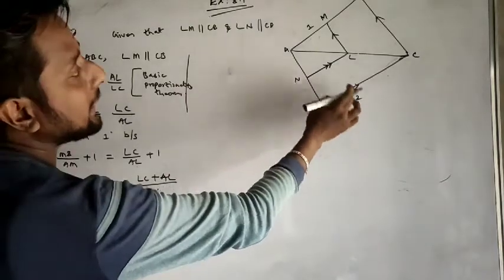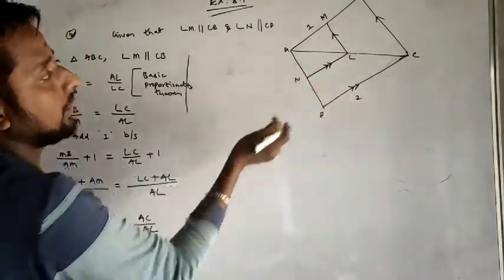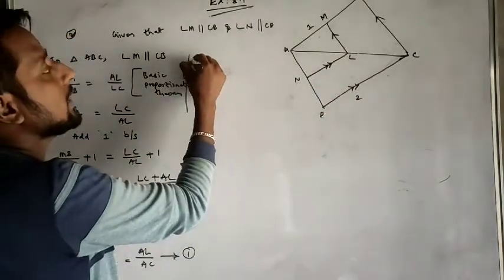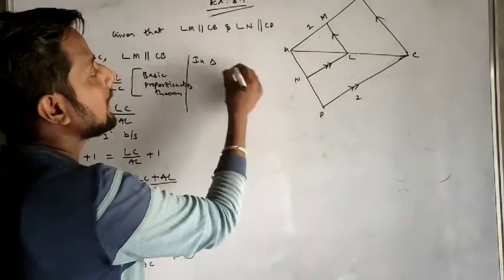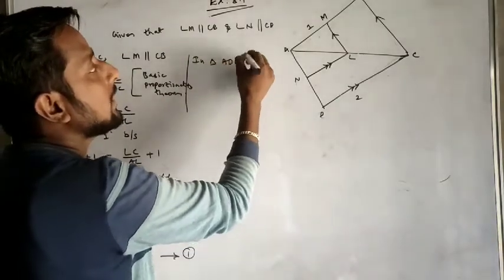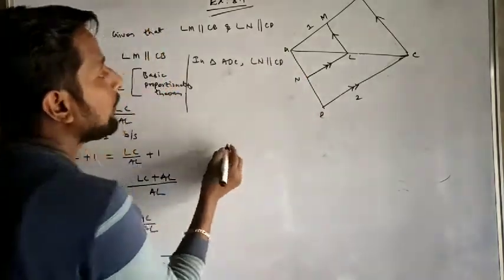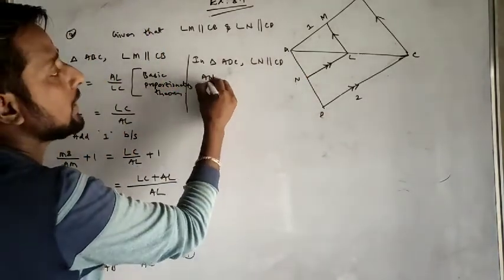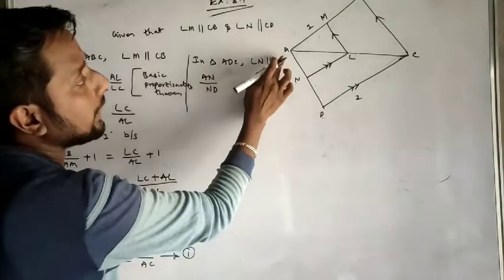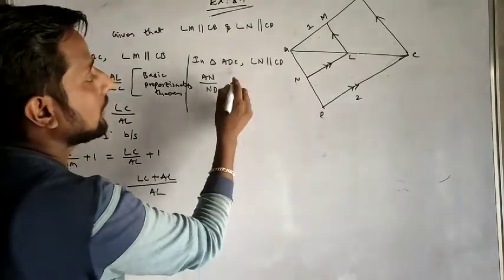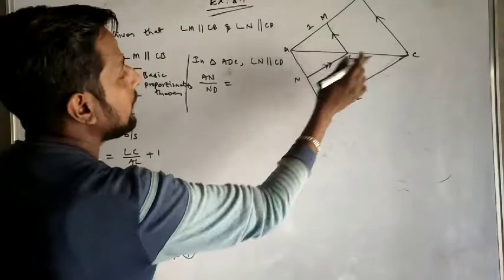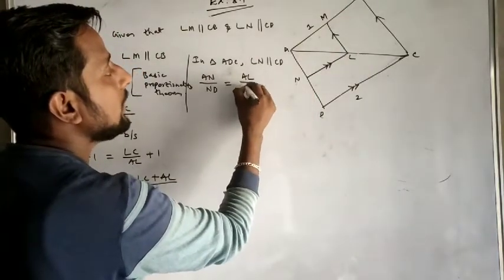Come back to the second triangle. Look at these two, they are parallel now. So same, in triangle ADC, LN is parallel to CD. Then what will you write? AN by ND, first part, second part, is equal to AL by LC.